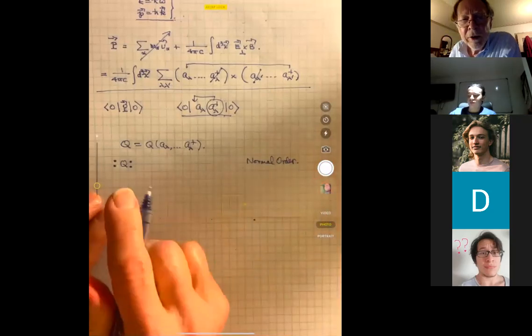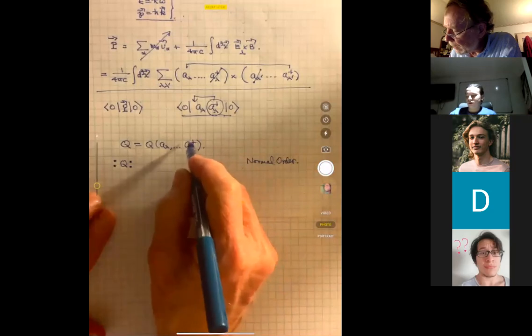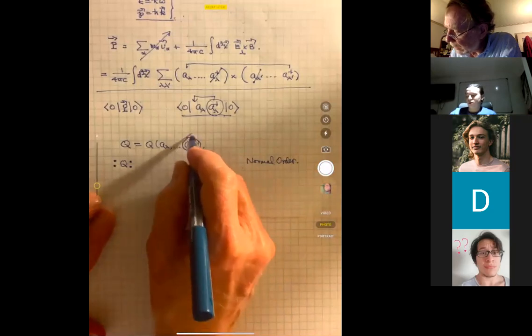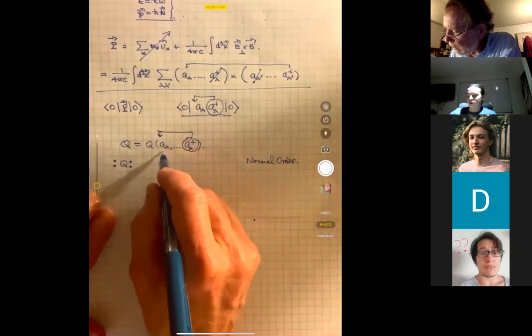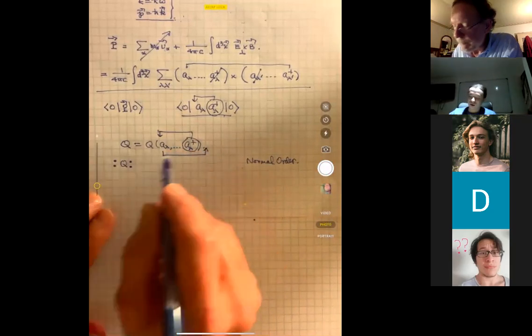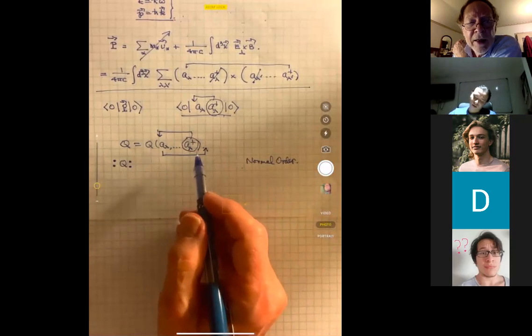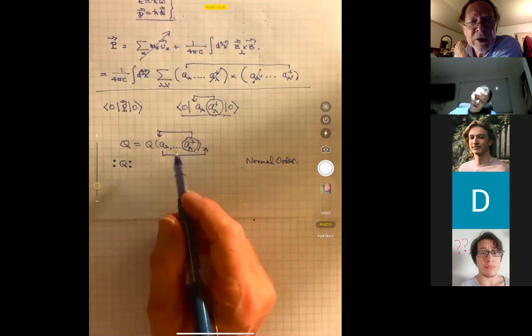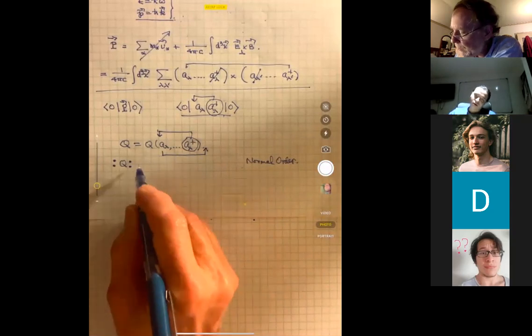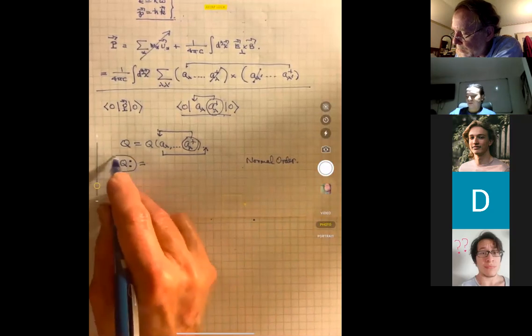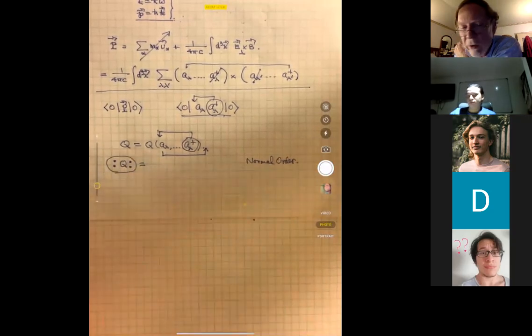The normal ordered polynomial is obtained by taking all the A daggers in it and moving them to the left, and taking all the A's and moving them to the right. If you think about doing this by means of commutators, of swapping the positions, we drop the commutators in doing it. In other words, we ignore the commutators. That defines what this thing is, the normal ordered polynomial.